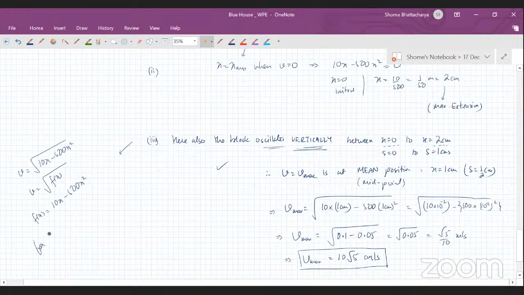So for V max, first find the maxima of f(x), and then V max will be equal to square root of that maxima.